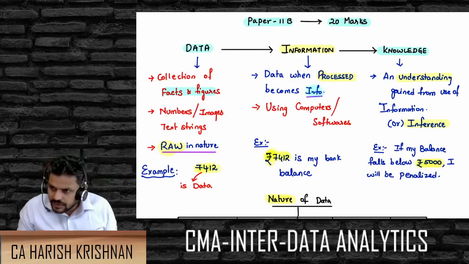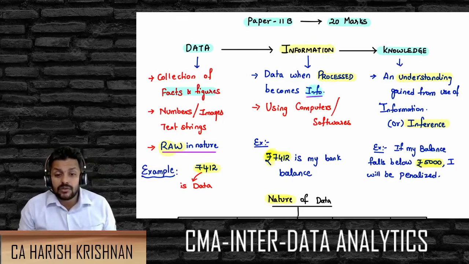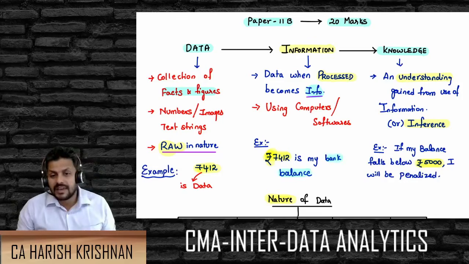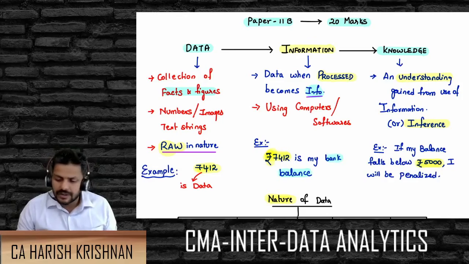Now you can use computers and software to do this exercise. So knowing the fact that 7412 is not a random number, but it is my bank balance, then it is called information.